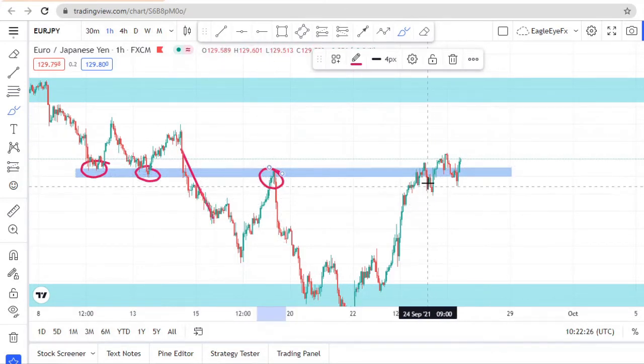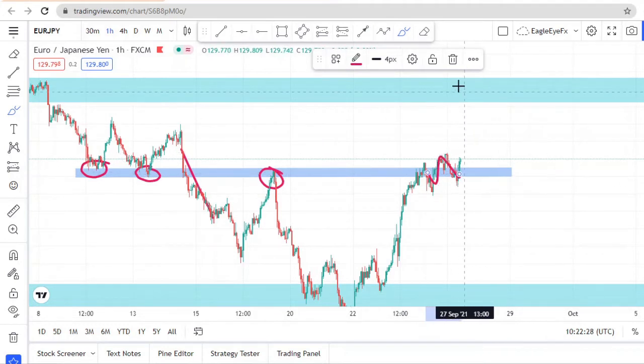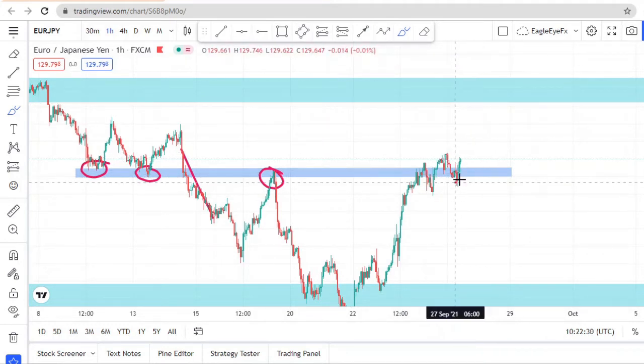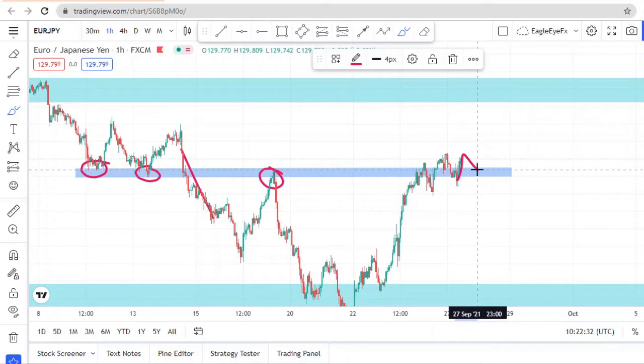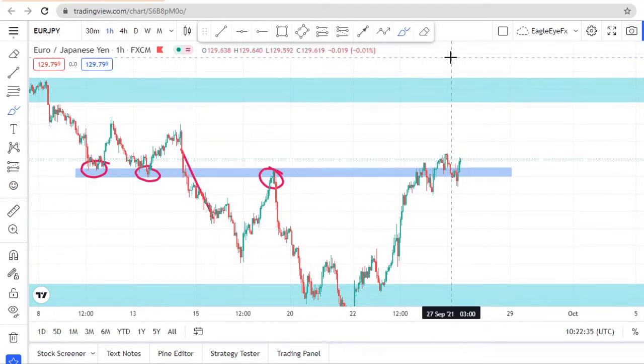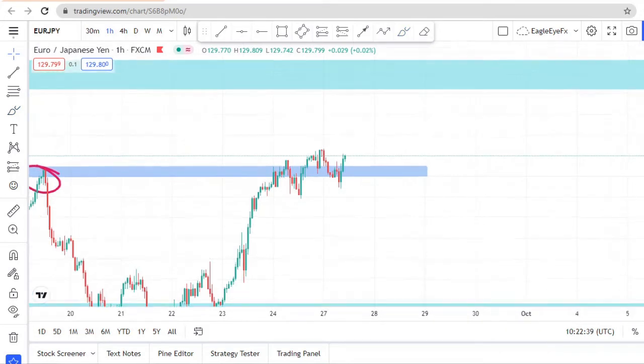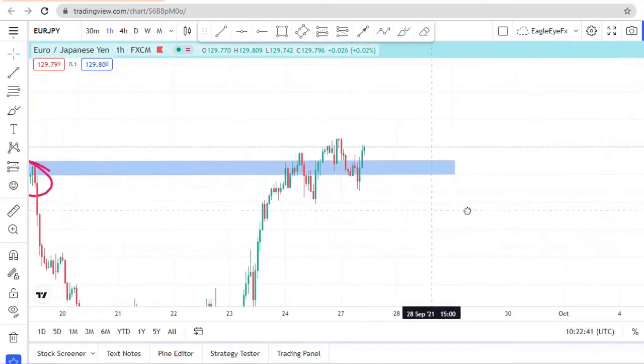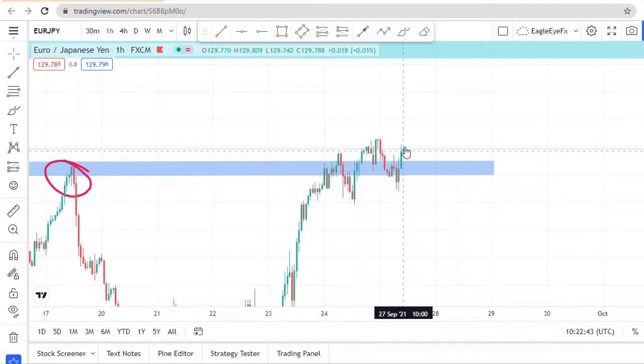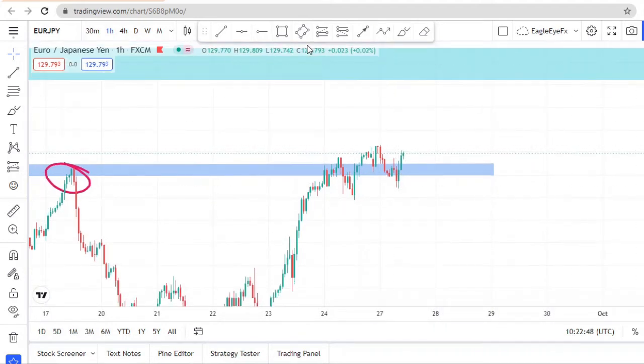Then now we see that there is a consolidation on that particular place. So we don't know if this market has broken, then it's trying to find strength to move to the upwards. And then if I zoom in on this one, you can already see that there is a very strong bullish momentum to the upside.